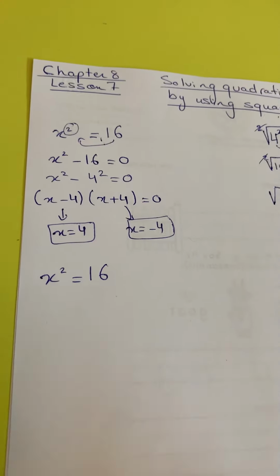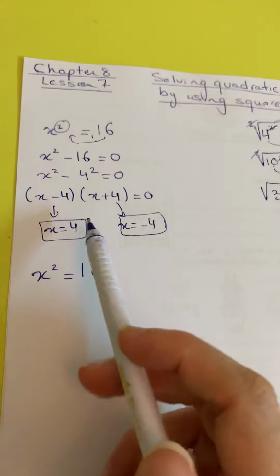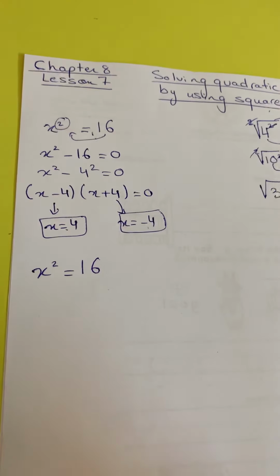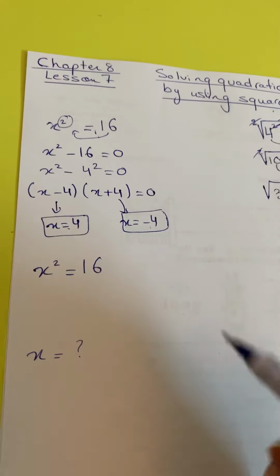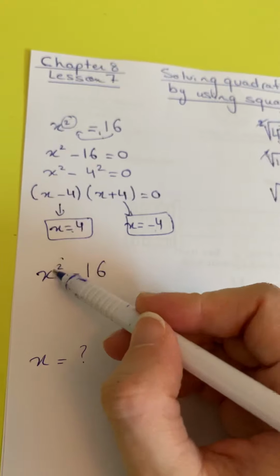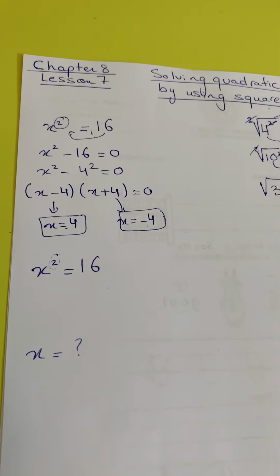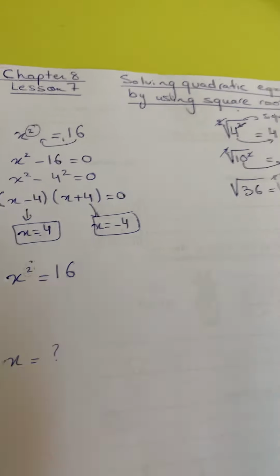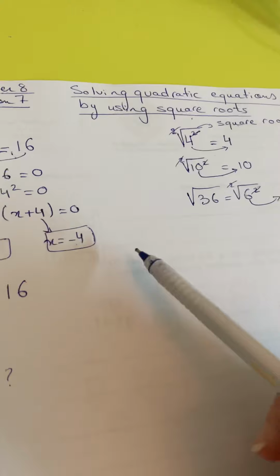Now to solve an equation means that I need to find the value of x, the way I did here. So I need mainly to get rid of the power 2. And you remember that the thing that will let me get rid of power 2 is the square root sign.